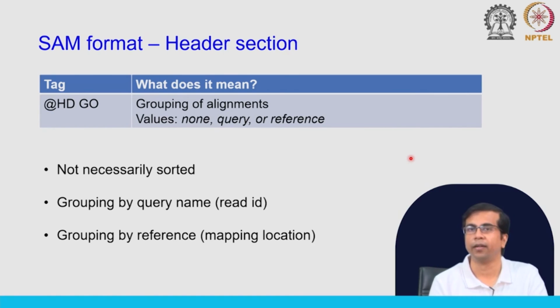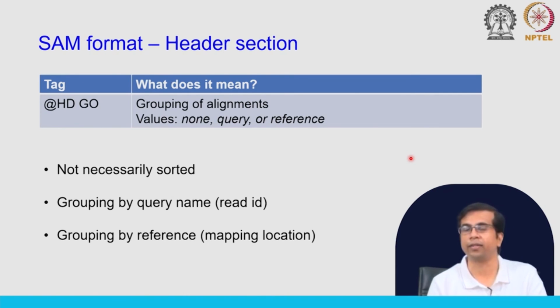So, you have @HD SO, then you also have @HD GO, meaning how the alignments are grouped. So, this is again specific, you can have grouping by none, where there is no grouping of alignments. The alignments can be grouped by query name, where the query is the name of the read, and then you can also have grouping by the reference.